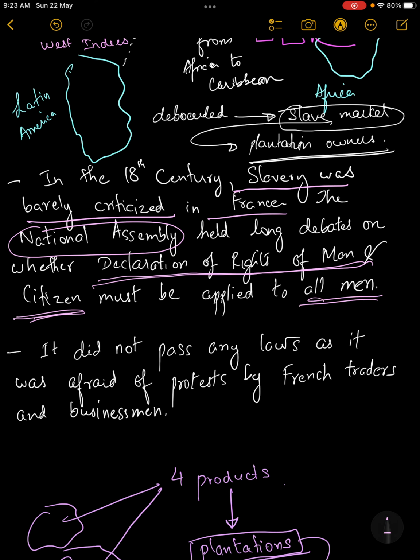Because slaves are also men, slaves are also human beings. But then they eventually decided that no, we can't take the risk of giving slaves fundamental rights because we don't want to make the French traders and businessmen angry. The entire motive is extremely selfish, as you can see. So they refused to give any rights to the slaves.